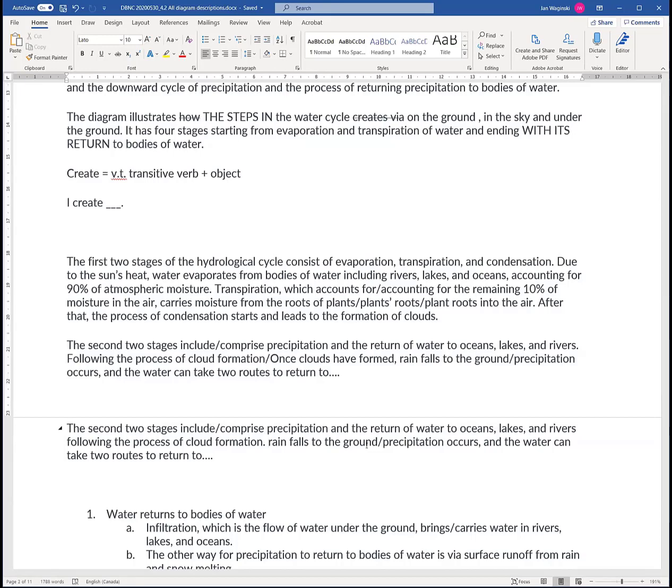The second two stages include, comprise precipitation and return to the water, to return water to ocean, lake, and rivers. Following the process, cloud formation, rainfall to the ground.